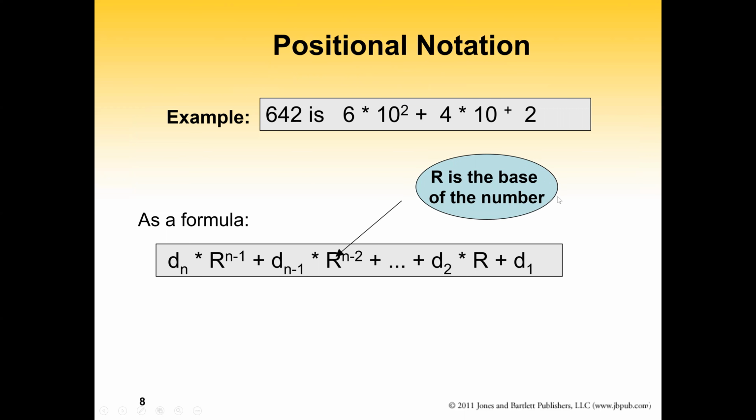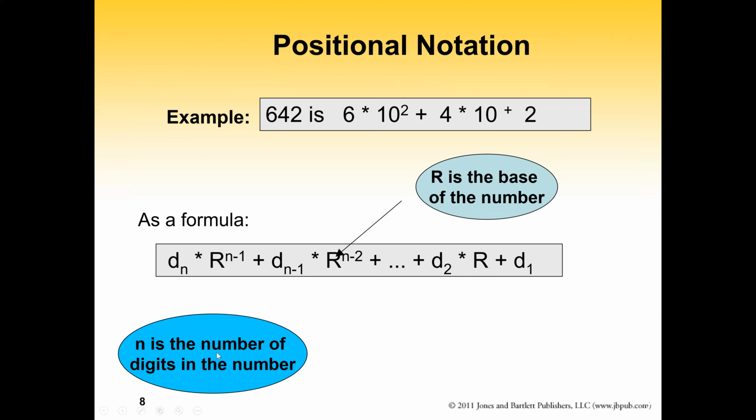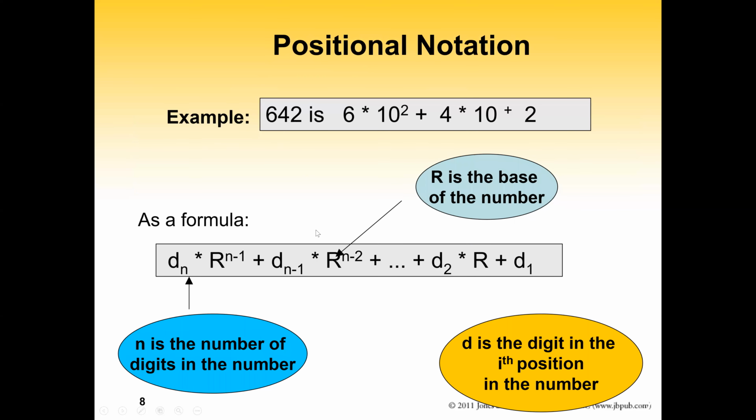So we say r is the base of the number, and n is the number of digits in the number. So if the number has 3 digits, then 3 minus 1 will be the last exponent. We have 3 digits, so 3 minus 1 is 2, so 10 to the power 2. D will be the digit in the ith position.